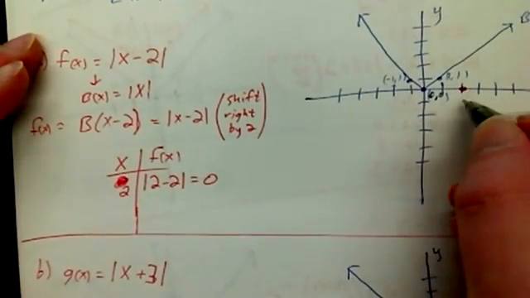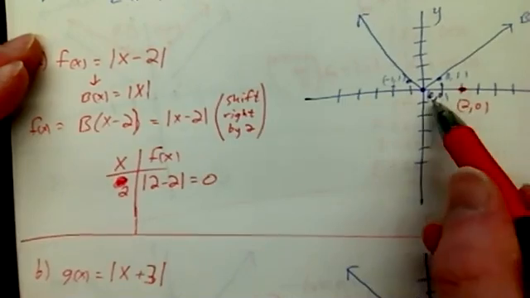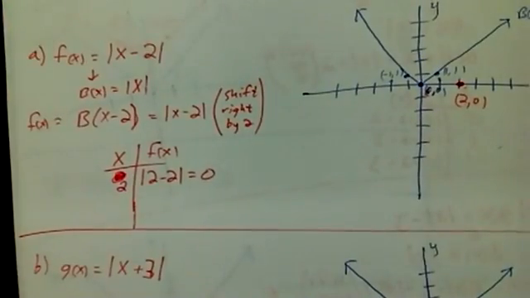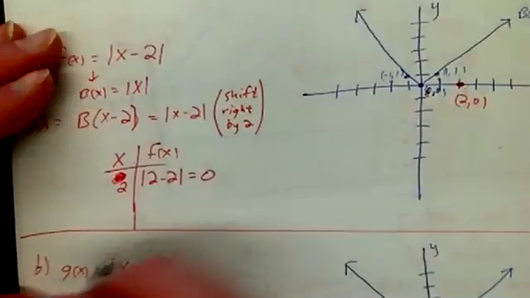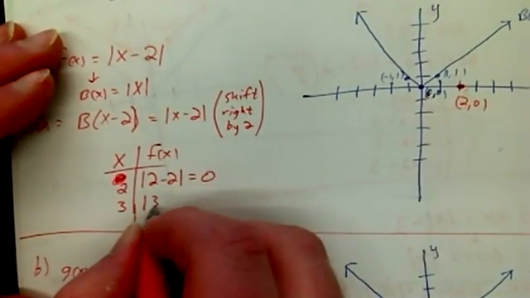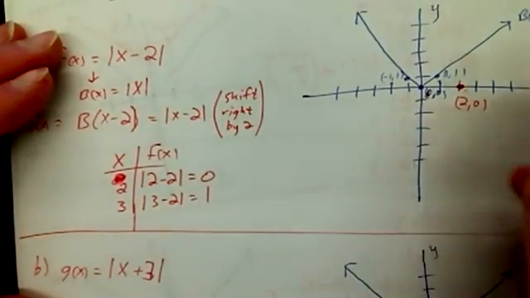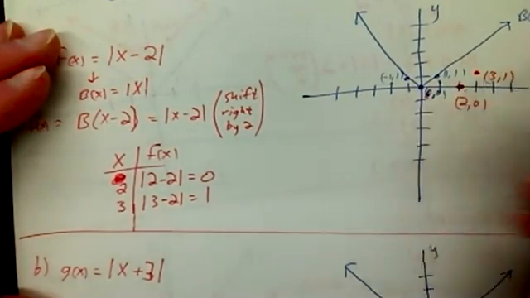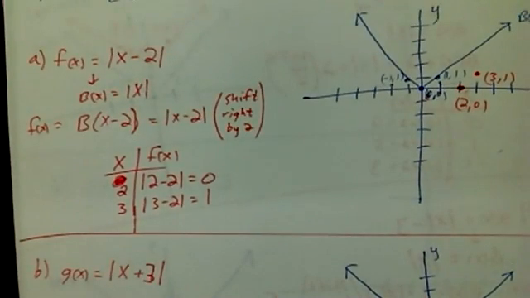So now the point 2, 0 is on here. Notice what happened: 0, 0 went to the right by 2. I just added 2 to the x value. And if I use 3, 3 minus 2 is 1. So 1, 1 went to 3, 1. So once again, shift over by 2, add 2 to the x value.